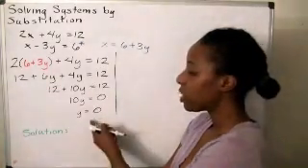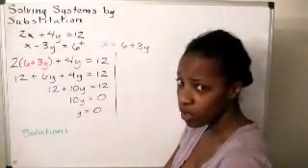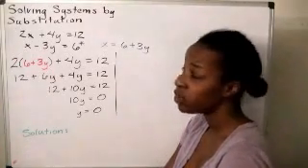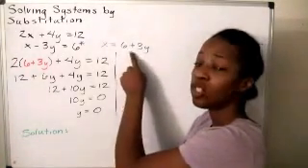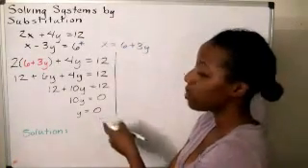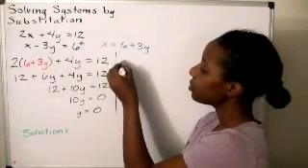Okay, so now that you know your y variable, what do we do? That's right, you plug it back into one of your original equations. Remember that one we changed, it's still considered an original equation also. So I'm going to use it to plug it back in.